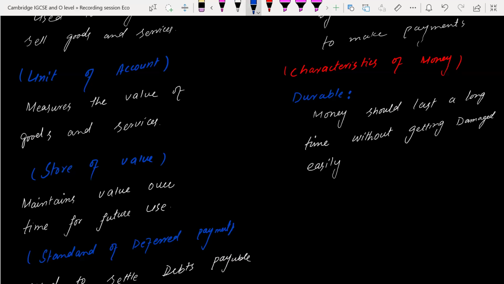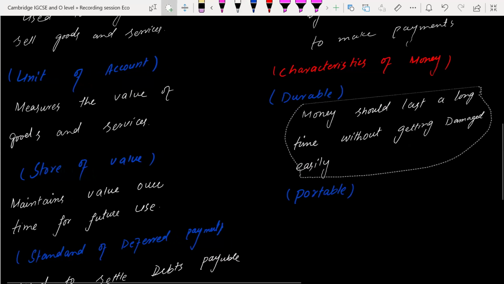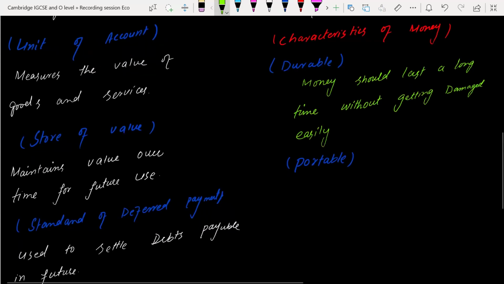Next one is portable. Portable means it should be easily to carry and use anywhere.